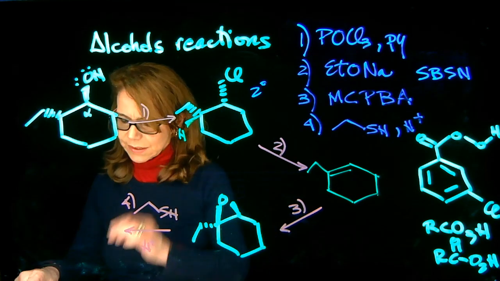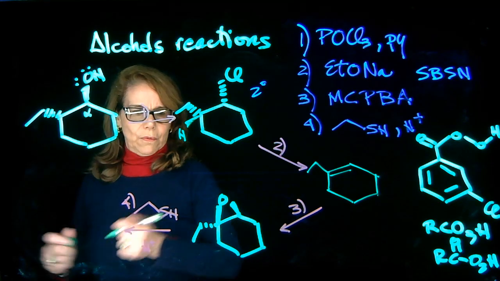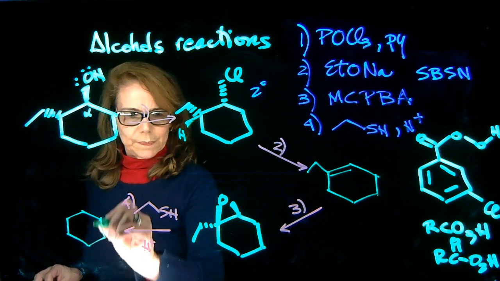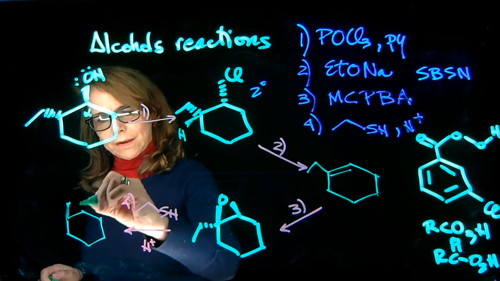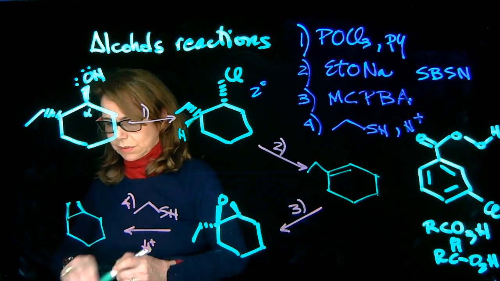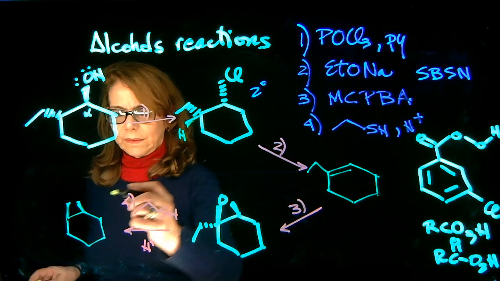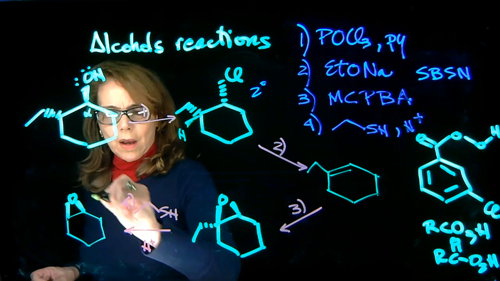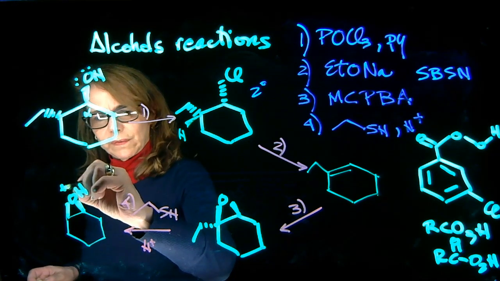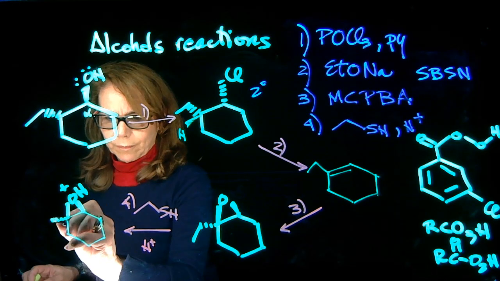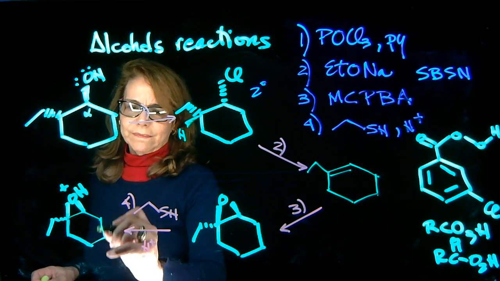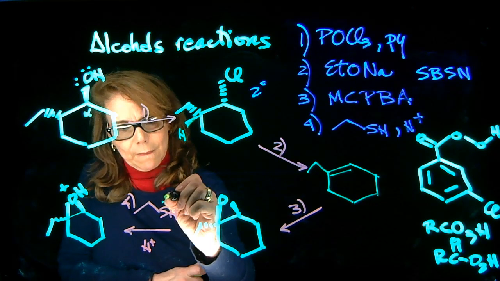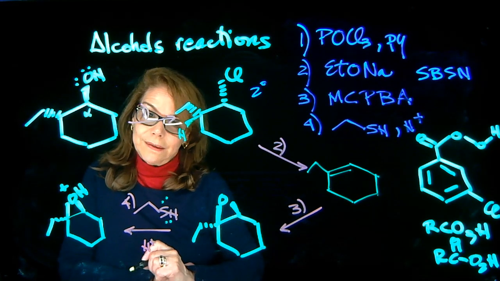So under acidic conditions, we're going to protonate the epoxide. Remember that we can have the epoxide also this on dashes, and that will be on wedge. I'm drawing just one of the possible. Under acidic conditions, you will have this intermediate, and then you will have the nucleophilic attack by what? By the thiol.